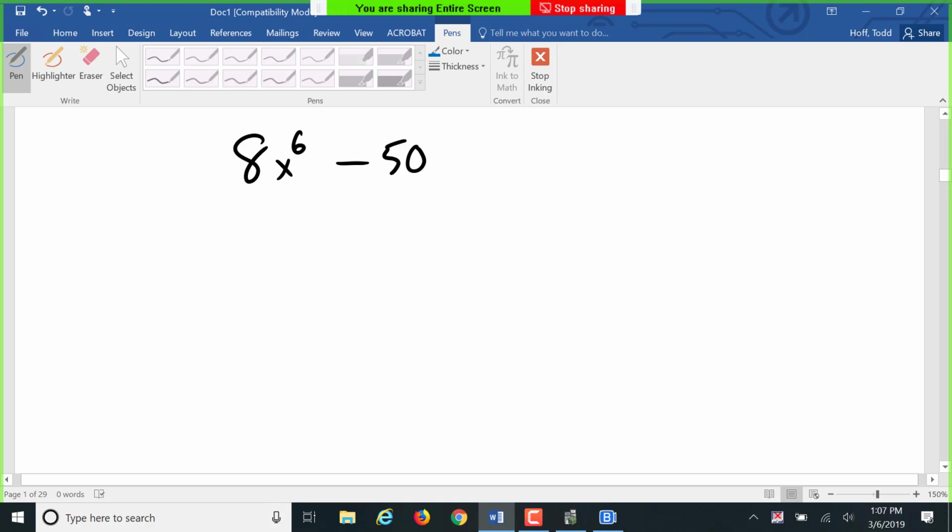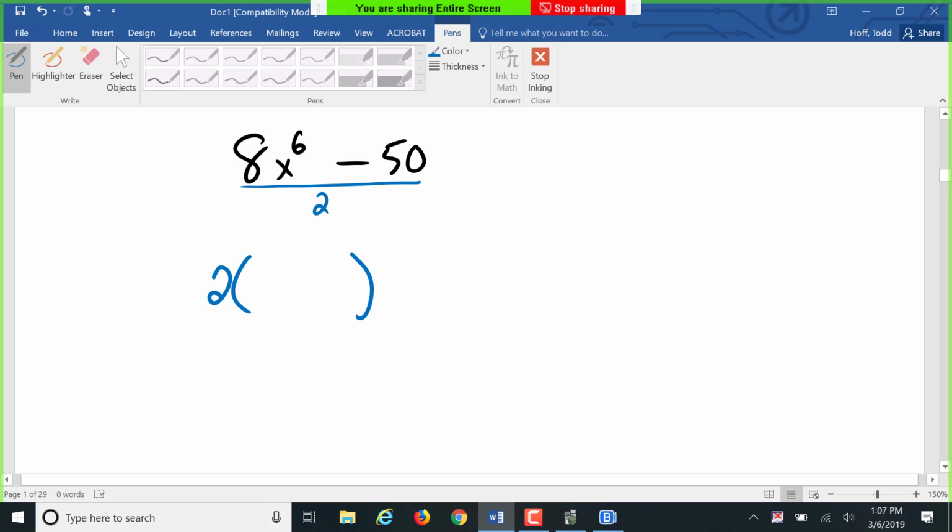Is this the difference of perfect squares? It doesn't look like it, does it? But what can we do to this? We can divide out a common factor of 2.